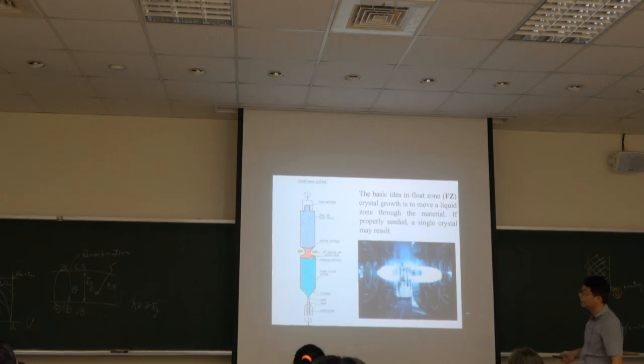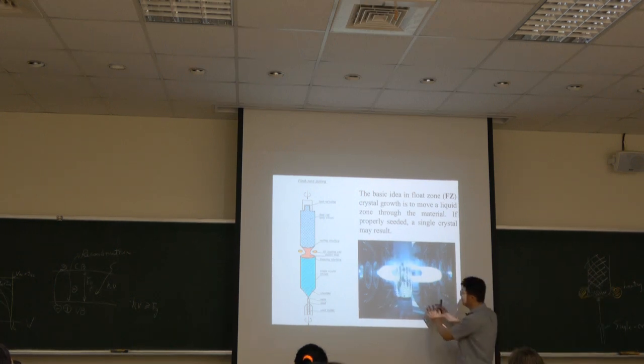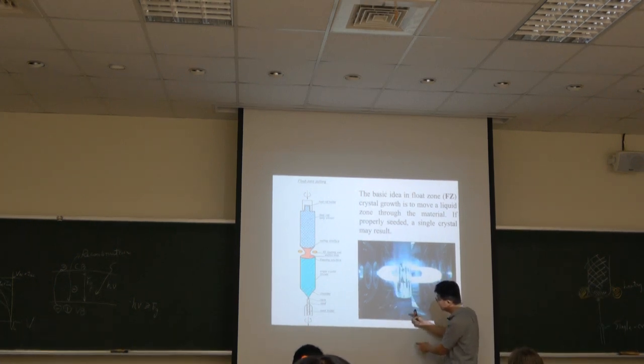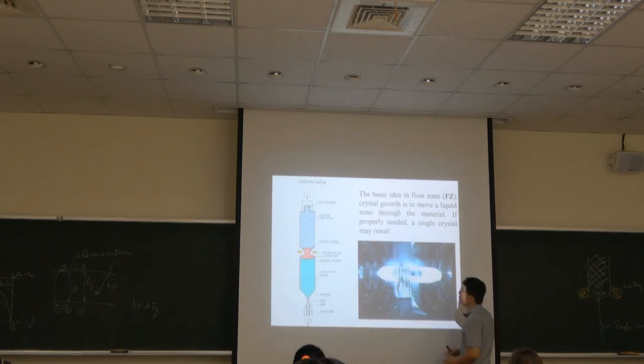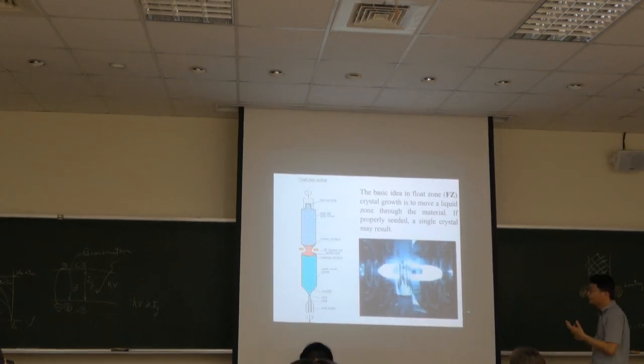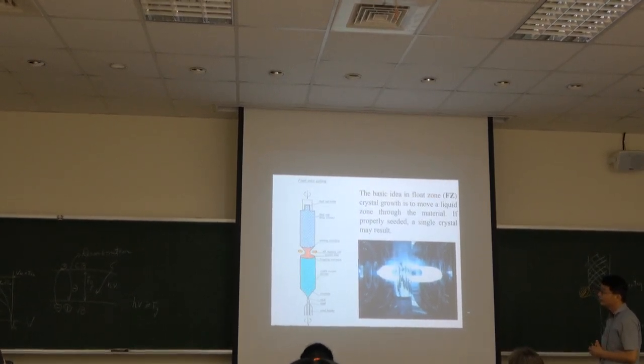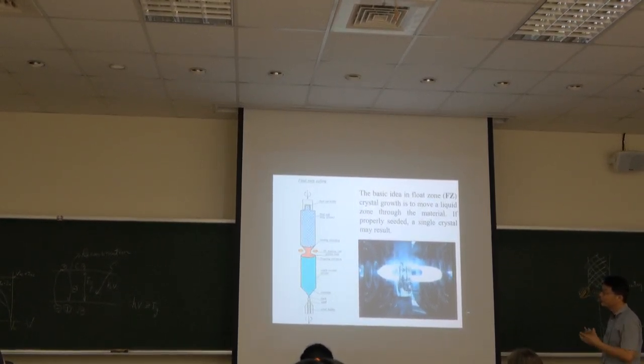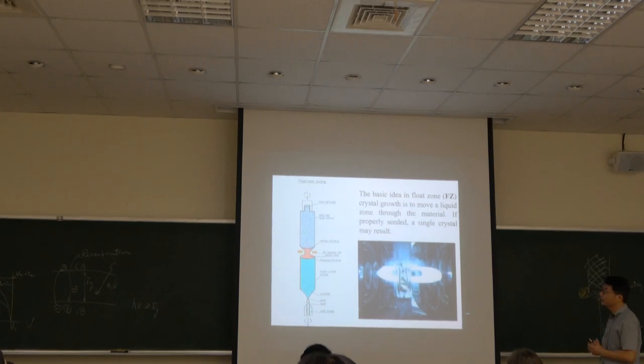Both sides are okay. Here is a single crystal, and pull down, and the top first side is a polycrystal. So you can prepare a single crystal germanium and single crystal silicon.